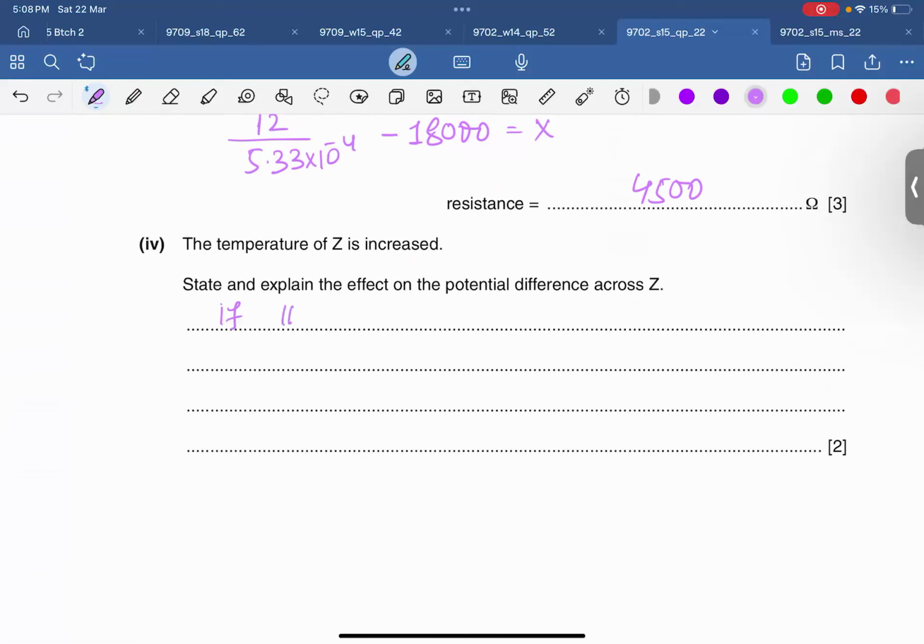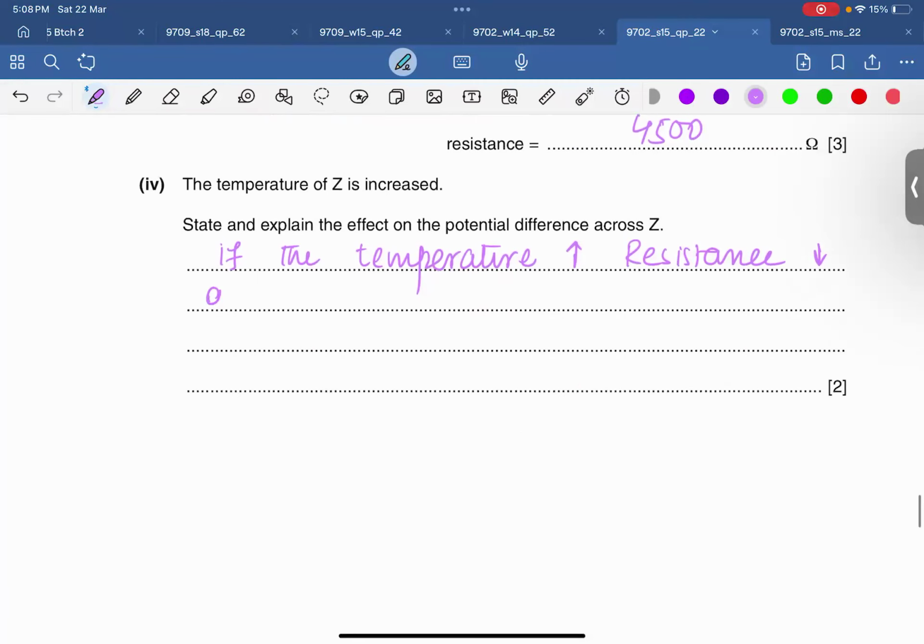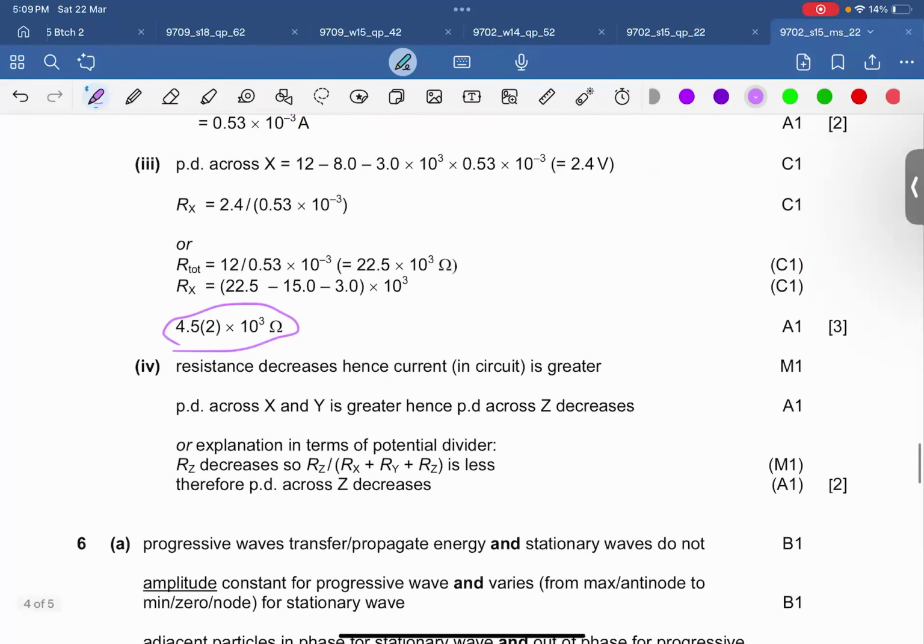So if the temperature increases, resistance decreases, and hence PD also decreases. Potential difference across Z decreased.